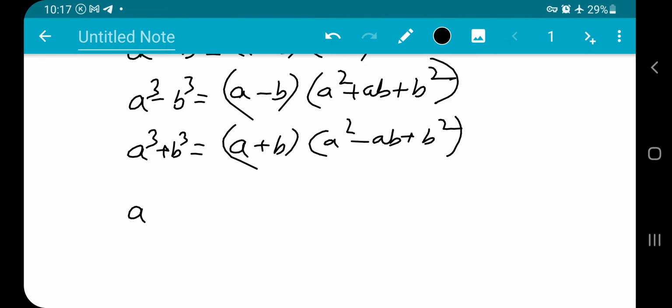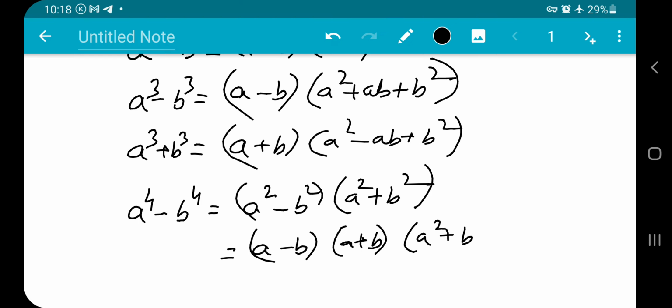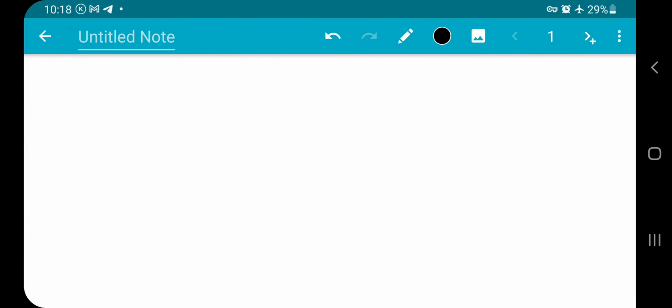Again we require a4 minus b4, as usual a square minus b square, a square plus b square. This one we can write a minus b, a plus b, and then a square plus b square. So we can use these factorization formulas for solving some numericals. Let us take some examples.